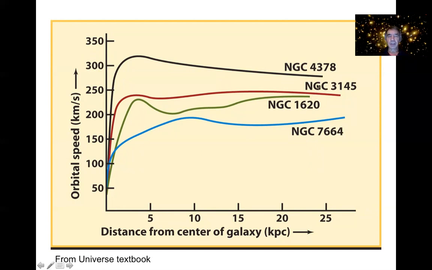Another way of looking at this kind of evidence is to say that if we only had the visible mass in one of these spiral galaxies, there's no way that the stars out here could be rotating this fast and still be bound to the galaxy. They'd have flown off into galactic space a long time ago. So something else must be holding them there. And it's something that's extended on much larger scales than these tens of kiloparsecs. It must be on scales of hundreds of kiloparsecs.